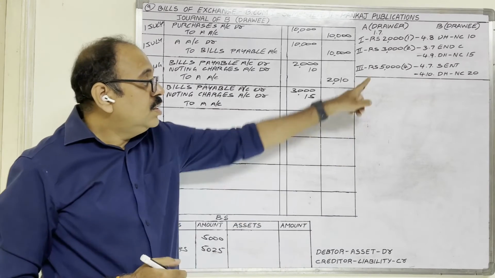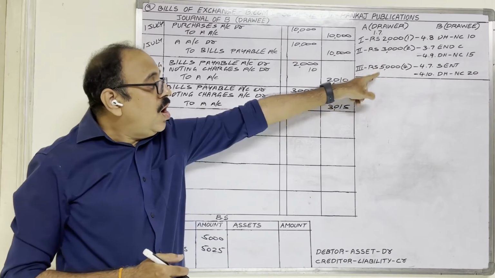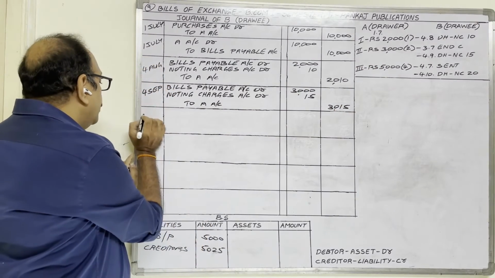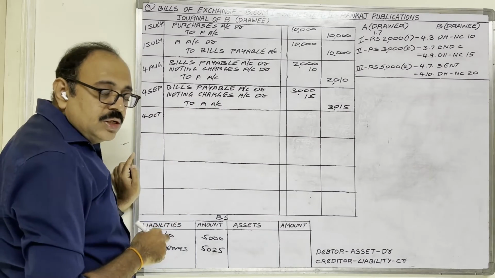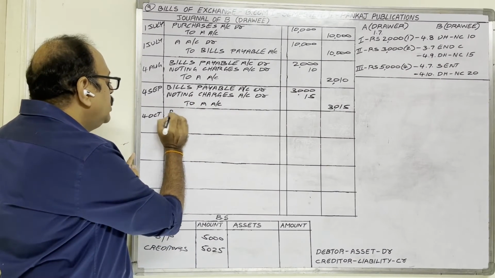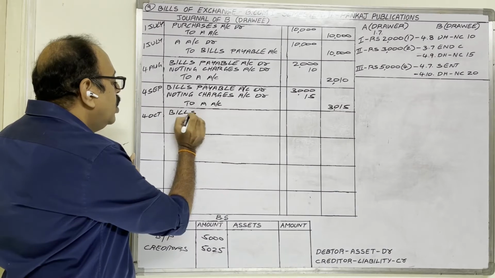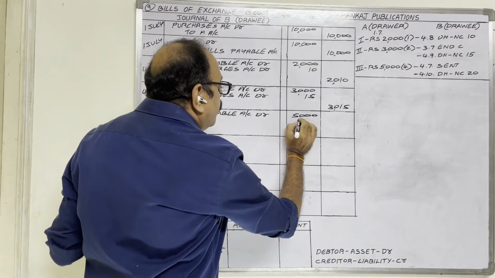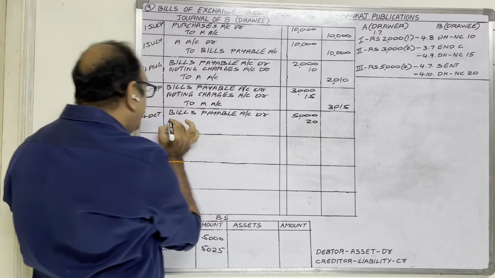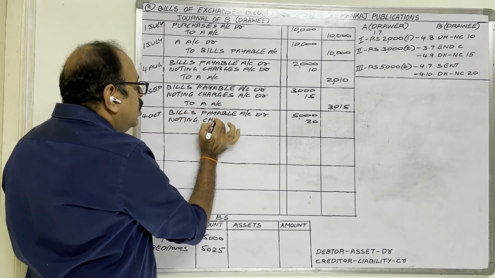Last one is for third bill dishonor. On this third bill due date, 4th October, again same thing happens. So we have to cancel bills payable liability because bill is dishonored. Now third bill value 5,000. We have to debit noting charges because finally we have to bear noting charges.